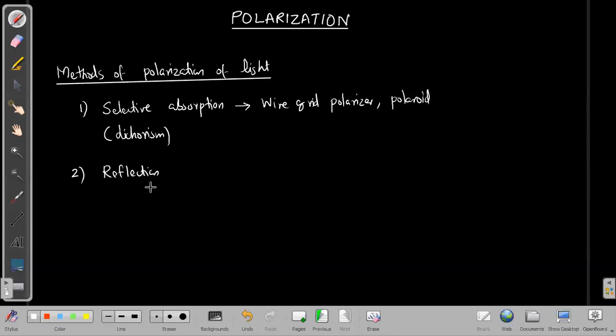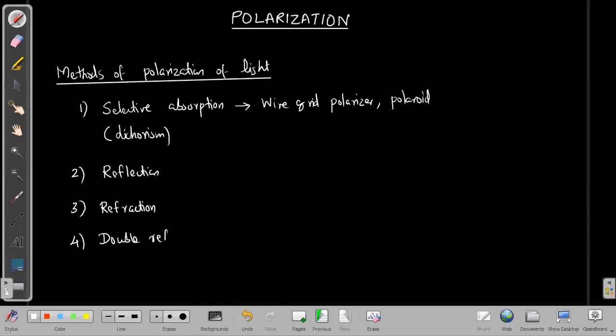By reflecting a light, you can polarize it. And the third one is, if you can produce polarized light through reflection, then obviously you can polarize light by refraction as well. Okay, so the fourth one is a new thing to you, called double refraction.